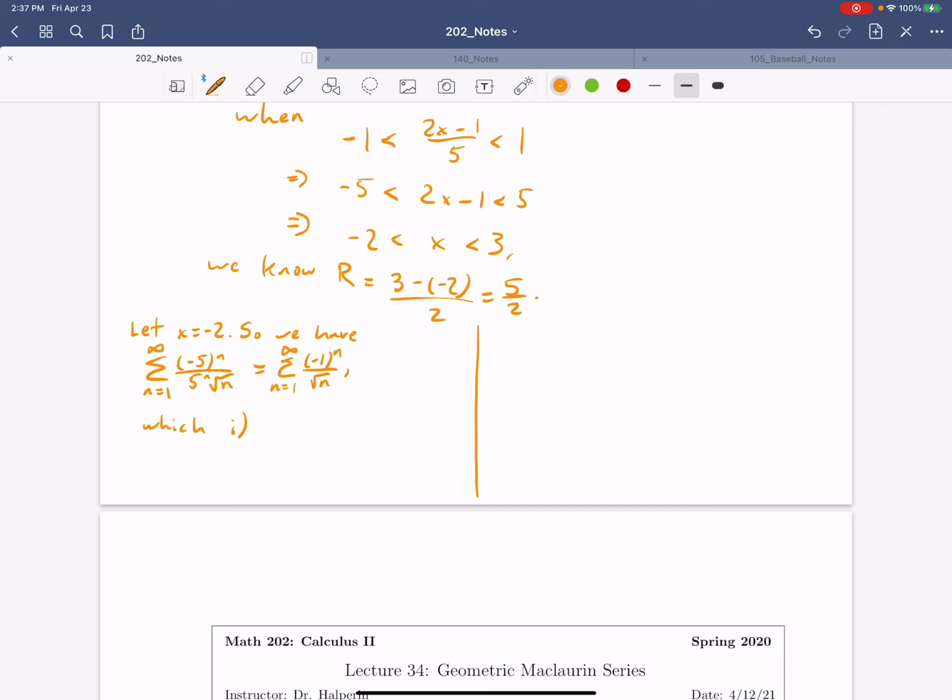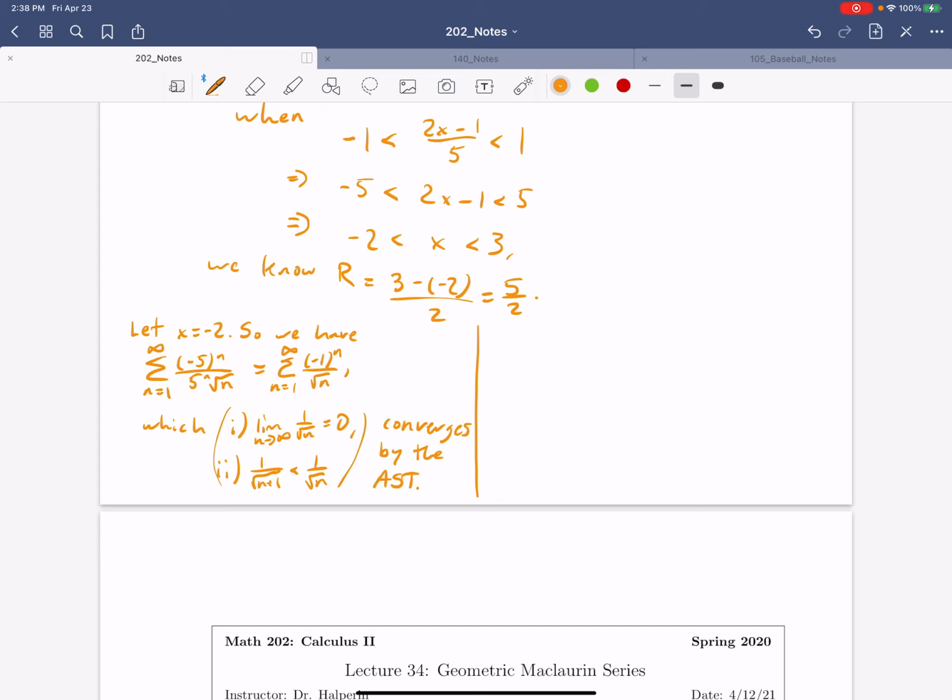So, the limit as n approaches infinity of 1 over root n equals 0, and 1 over root n plus 1 is clearly less than 1 over root n. Converges by the alternating series test. Okay. So we know that x equals negative 2 is going to be in our interval of convergence.